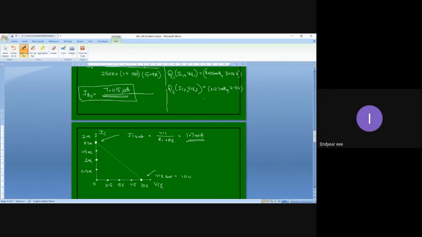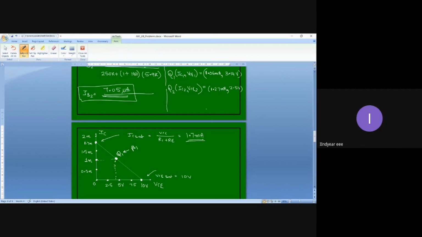The first coordinate is 1 milliampere and 3.14, so somewhere here it is: Q1 for beta 1.